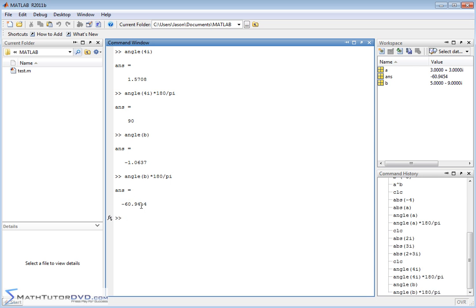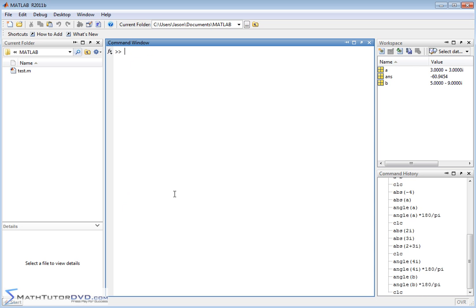So it's almost negative 61 degrees where that complex number lies. All of this stuff is taught to you when you start learning about complex numbers. I'm just going through some real calculations so you can get familiar with how you deal with it in MATLAB.